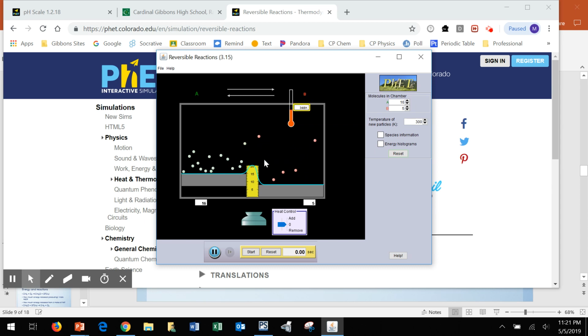This is why I'm teaching this to you now: acids, specifically what makes a strong acid and a weak acid, is this reversibility part. If it's sort of a 50-50 mix, then it's a weak acid.